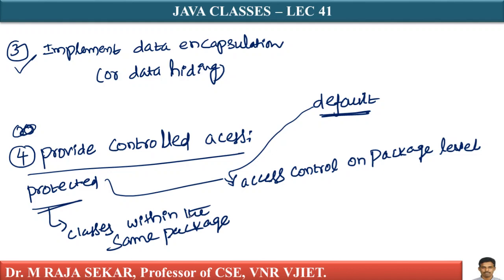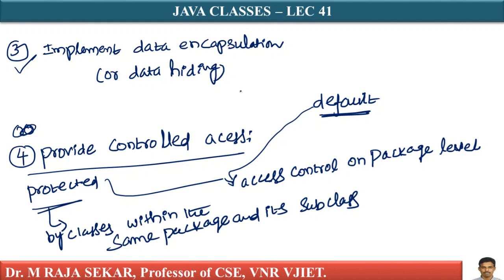A member declared as protected is accessible by classes within the same package and its subclasses also. They can be accessible by classes and its subclasses. That is protected, where inheritance is involved.